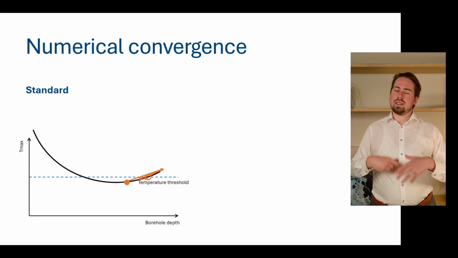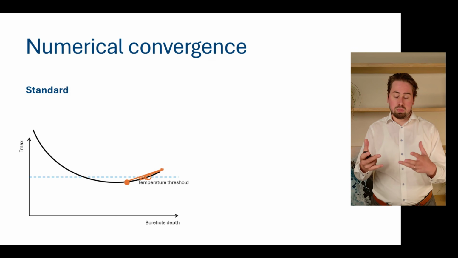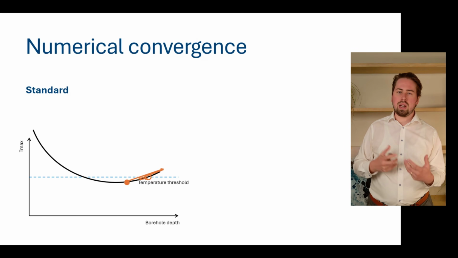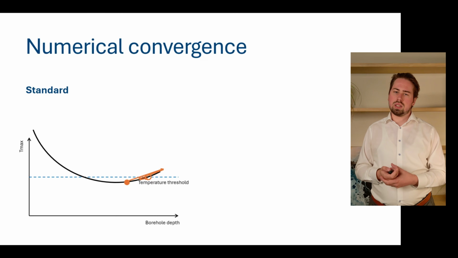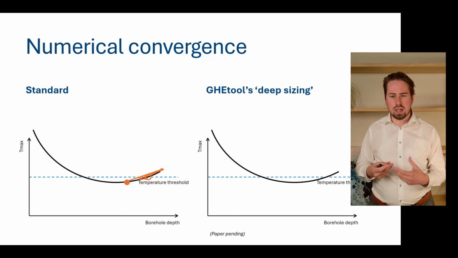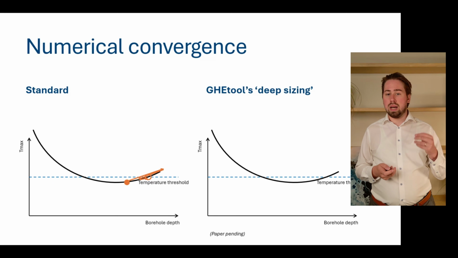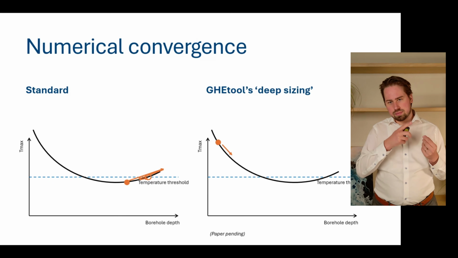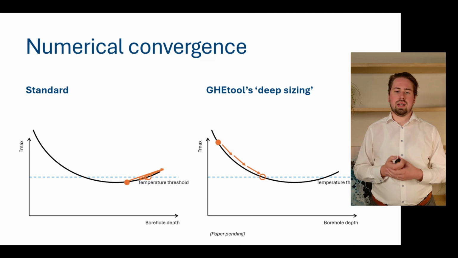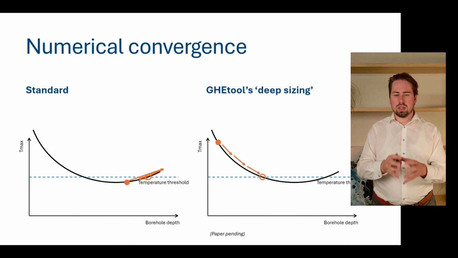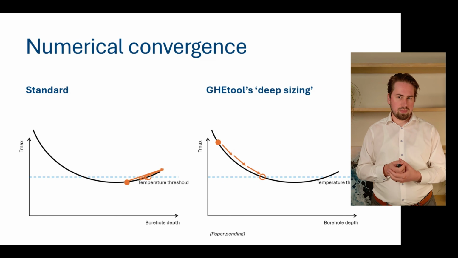Since it is mathematically possible to see which solution you converge to, we have developed a new algorithm for this in GHEtool that's called deep sizing. Basically, we start with a small borehole depth, and we go straight down to the solution where the borehole meters are actually the smallest.